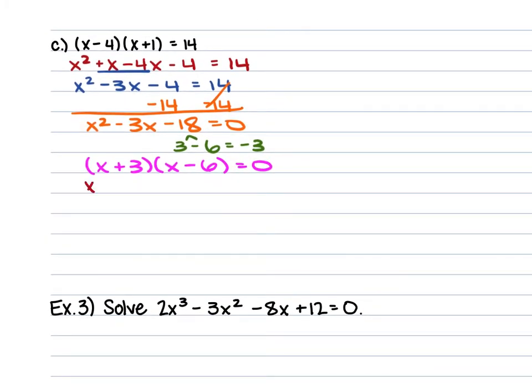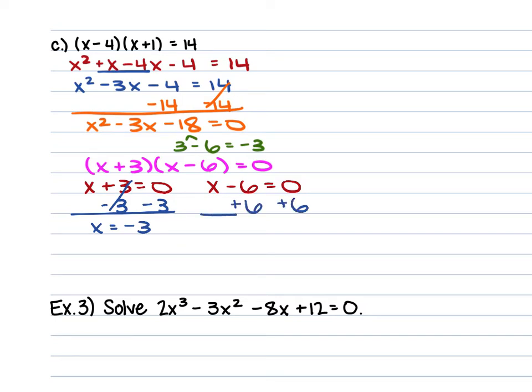So x plus 3 is equal to 0, as well as x minus 6 is equal to 0. Subtract the 3 from each side. We get that x is equal to negative 3. Add the 6 to each side. We get that x is equal to positive 6. So again, 2 solutions, negative 3 and 6.